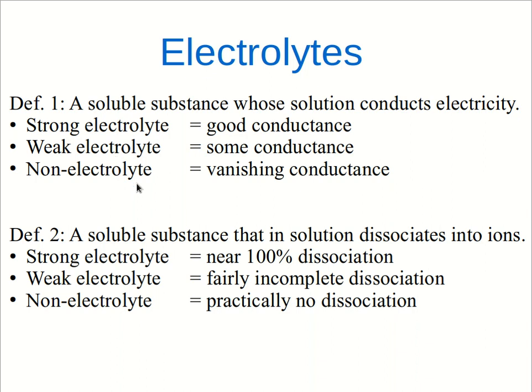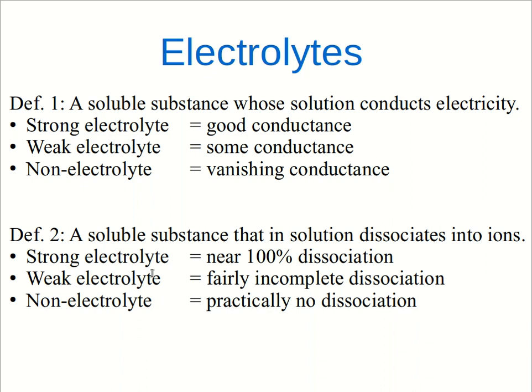So we want the explanation, we want definition number 2, and that's a soluble substance that in solution dissociates into ions. And now that we have acids and bases, we would say dissociates or ionizes into, or forms ions, right? That in solution forms ions.